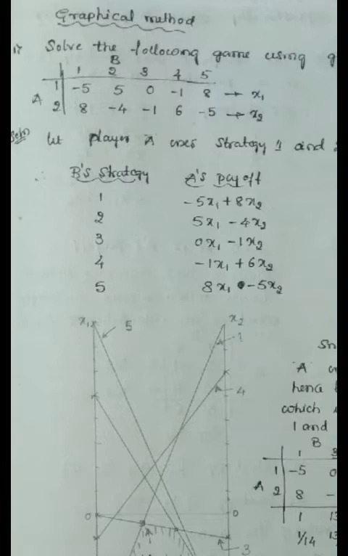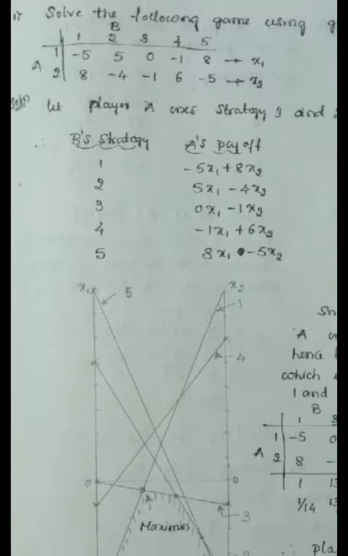If B uses the first strategy, what will be the payoff? We calculated the gain in dominance rule, similar to that. If B uses the first strategy, the gain or payoff for player A is minus 5x1 plus 8x2.